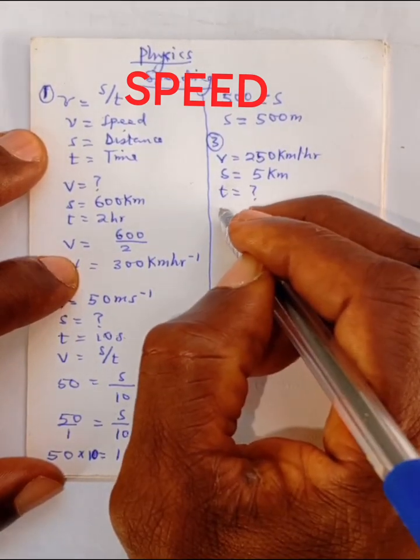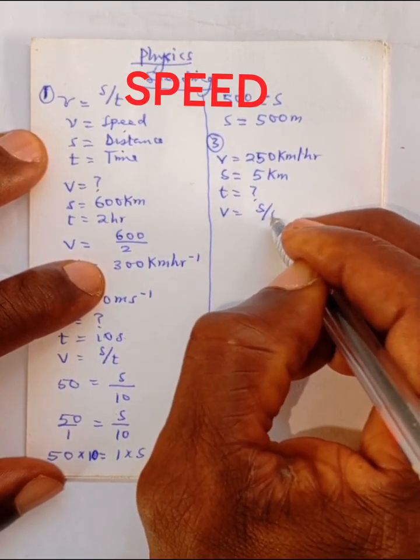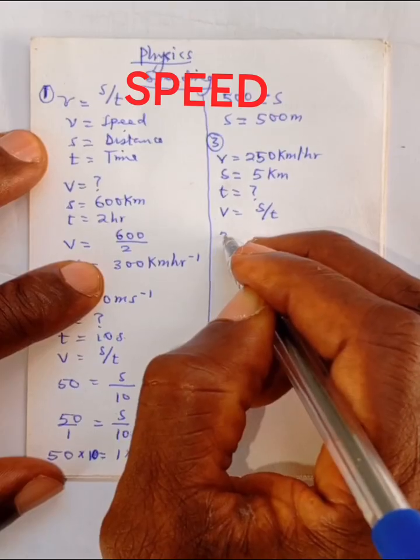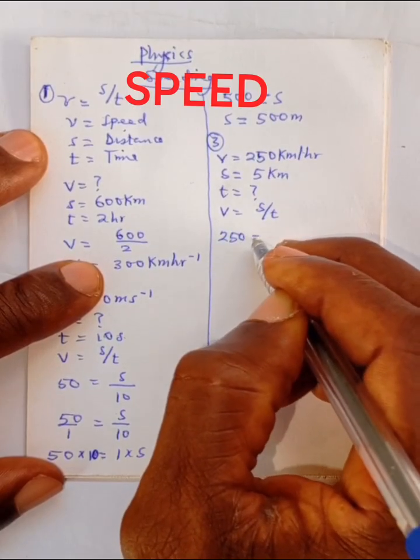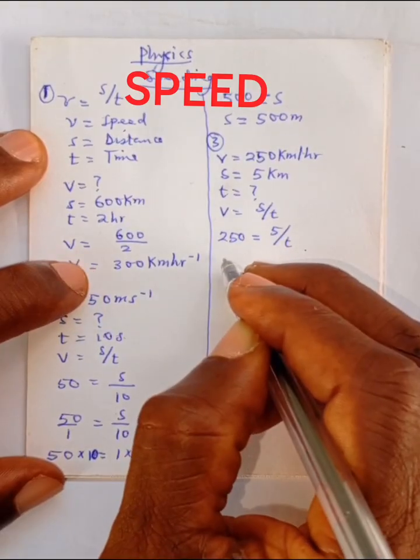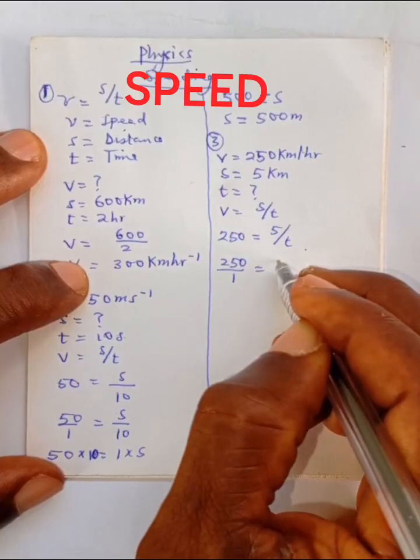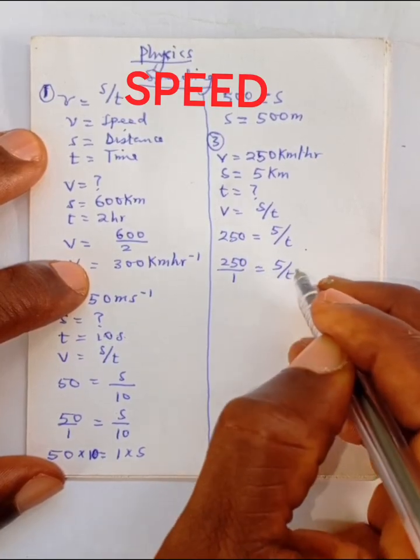So we are still using the same formula. V is equal to distance all over time. 250 is equal to 5 all over t. 250 all over 1 is equal to 5 all over t.